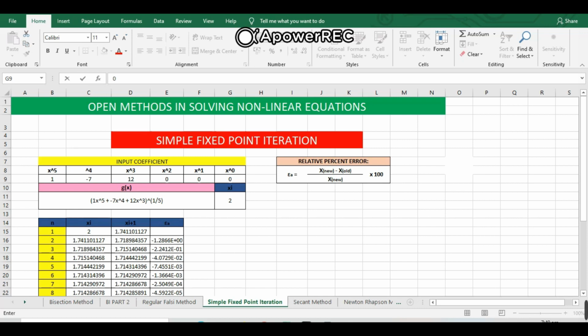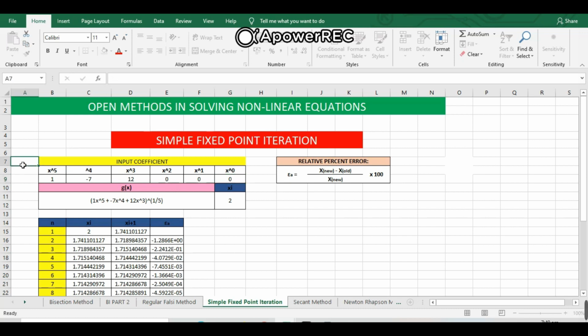For this template, the scope is up to 5th-degree polynomial equation. But in our equation, as you can see, the x squared term is 0 because when we put a number, the table will show an error.